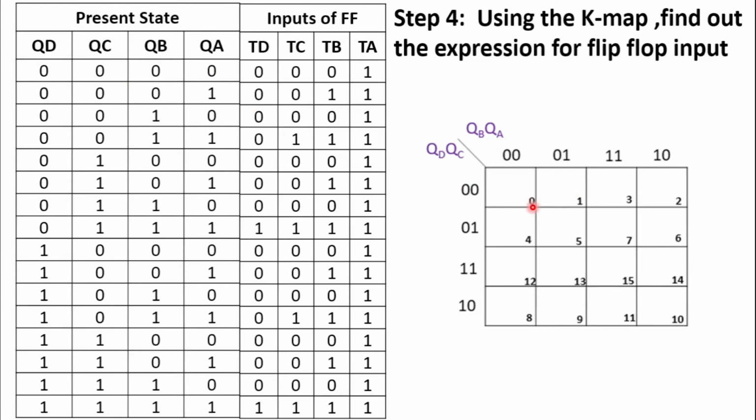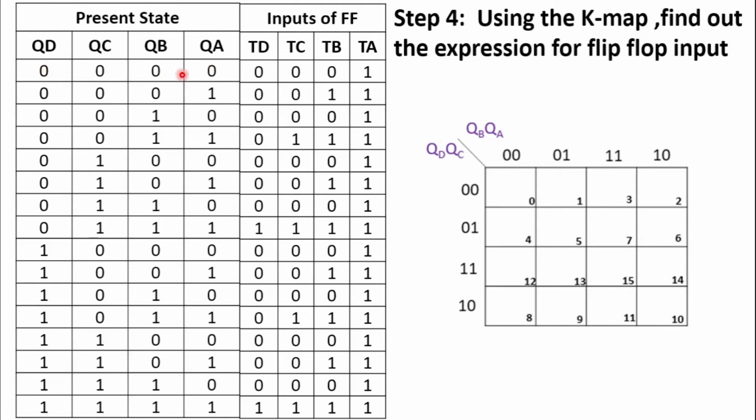These cells are numbered 0 to 15. These cell numbers correspond to the decimal equivalent of these 4 numbers.